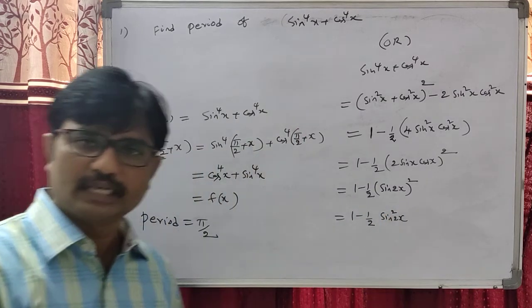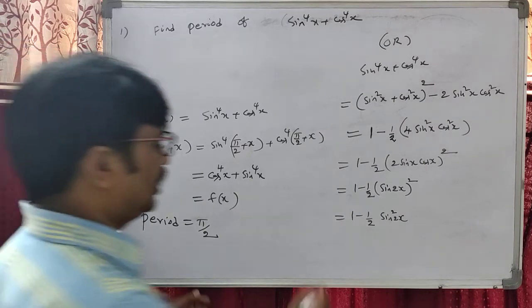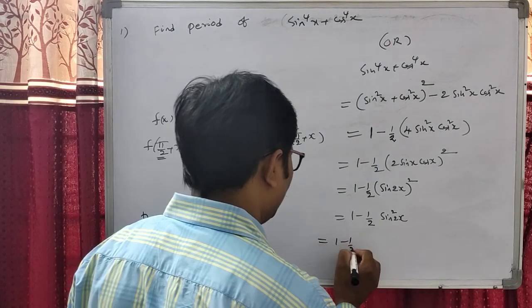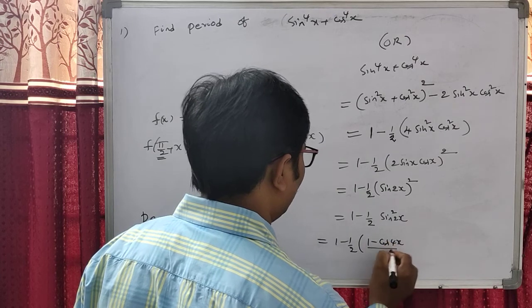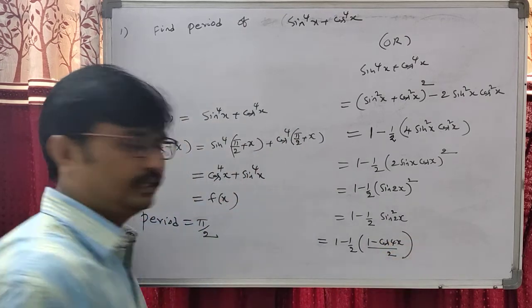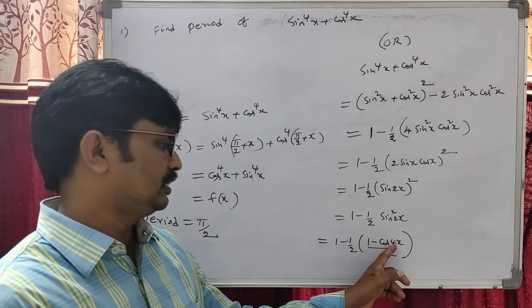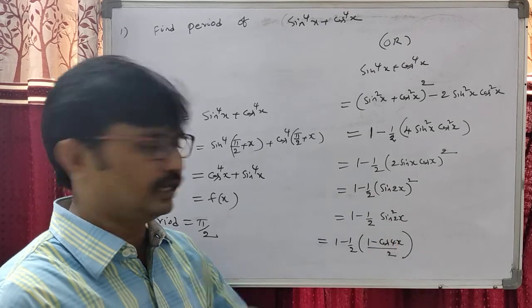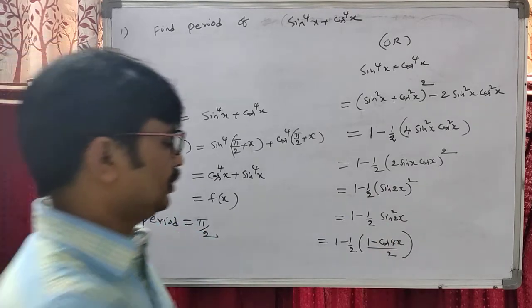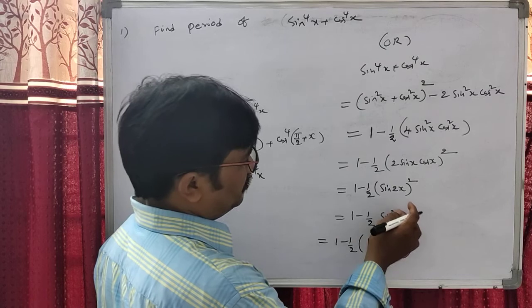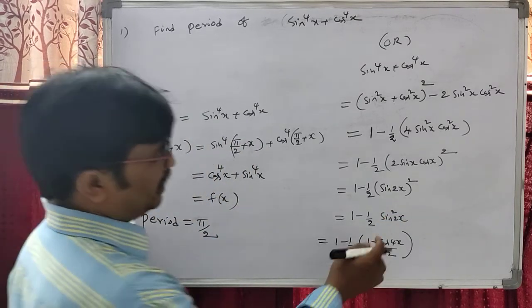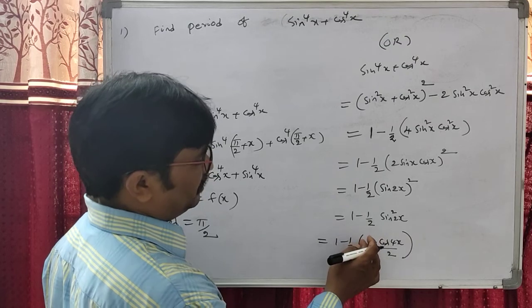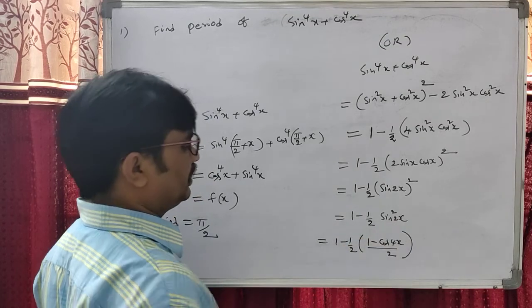Now sin square of 2x: using 1 minus cos theta equals 2 sin square theta by 2, 1 minus cos 4x equals 2 sin square 2x.